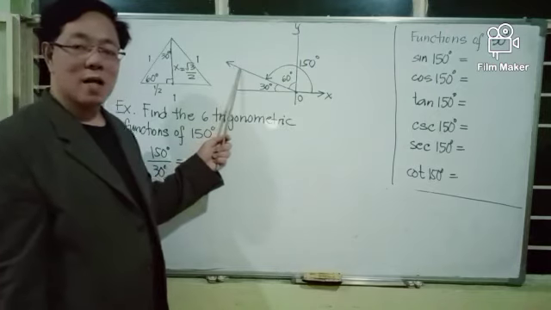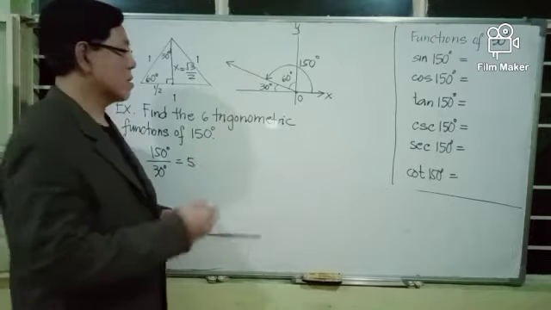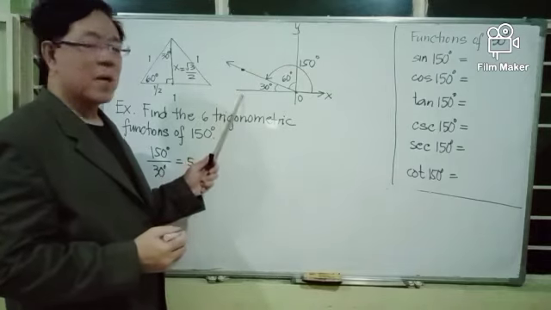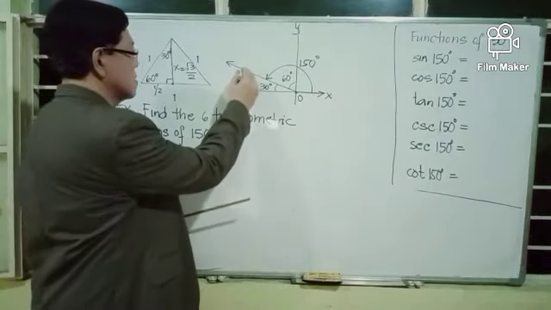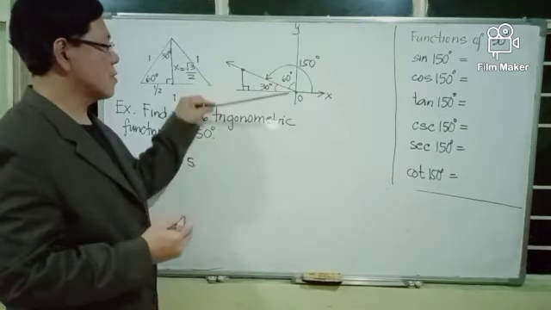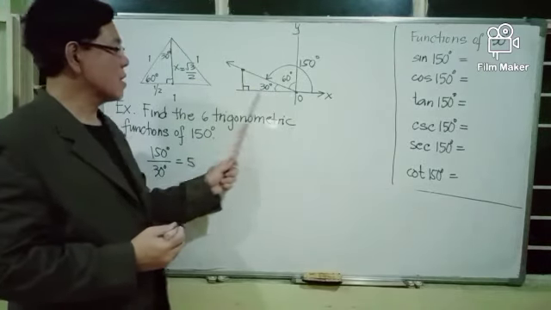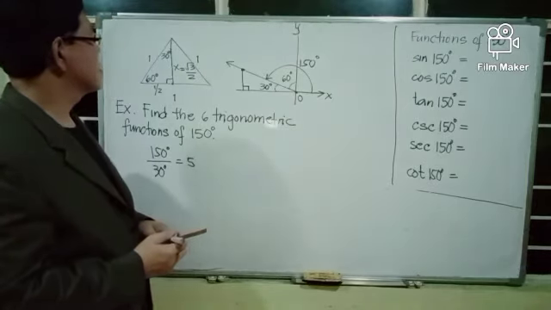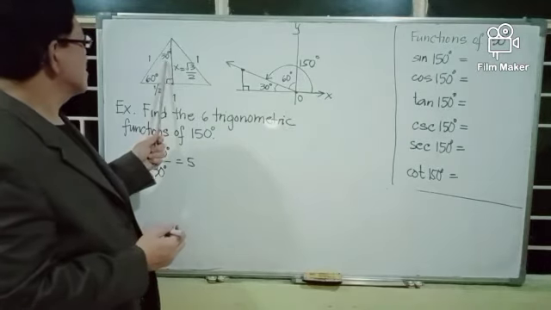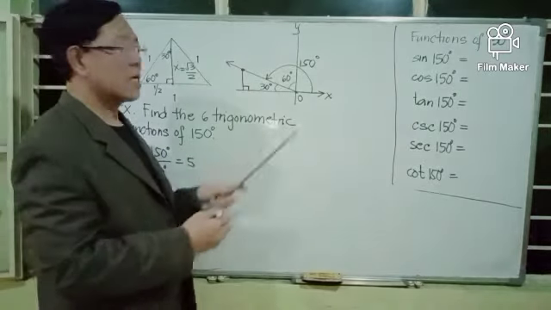From the terminal side of the given angle 150 degrees, take an arbitrary point, and from this point drop a perpendicular to the x-axis. Because this line is perpendicular with the x-axis, we have constructed a right angle and a right triangle. From our diagram here, the hypotenuse, the side opposite the right angle, is taken as 1 unit.